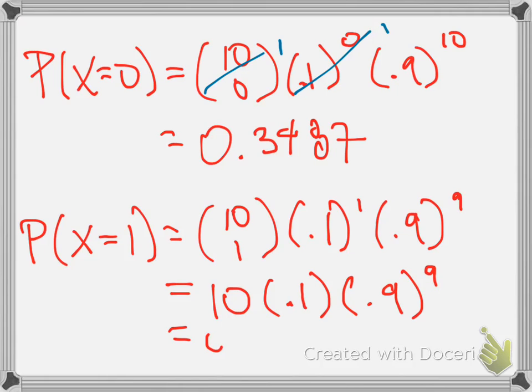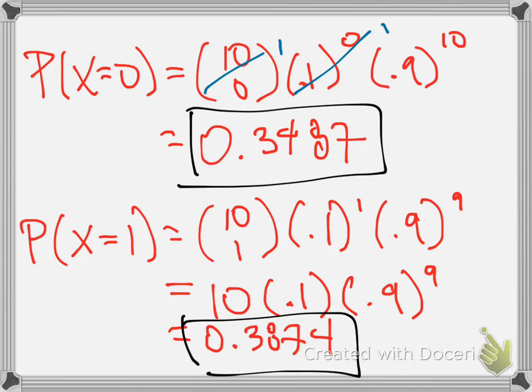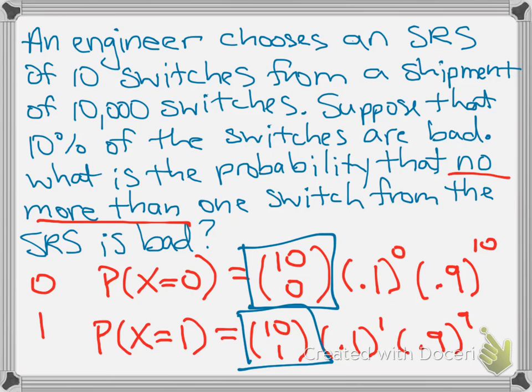And if you do that, then you get 0.3874. And so what we really need to do to answer our question completely, we need to add these 2 probabilities together to get the probability that no more than 1 switch from the SRS is bad.